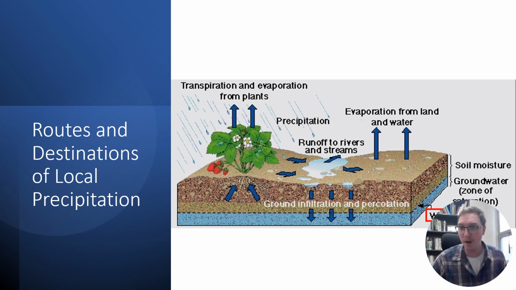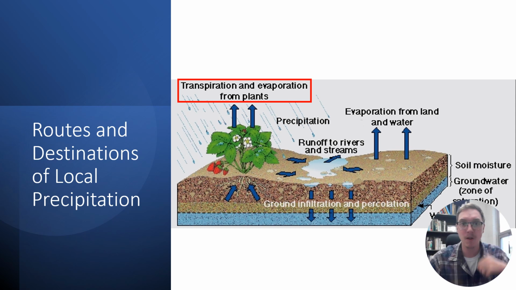But the water table is just the top of that surface. Anything below the water table is considered groundwater. And then biologic material, right? Plants and other aspects intercept that rain that's coming in, and it can cause that to evaporate or transpire. You're sweating out moisture.